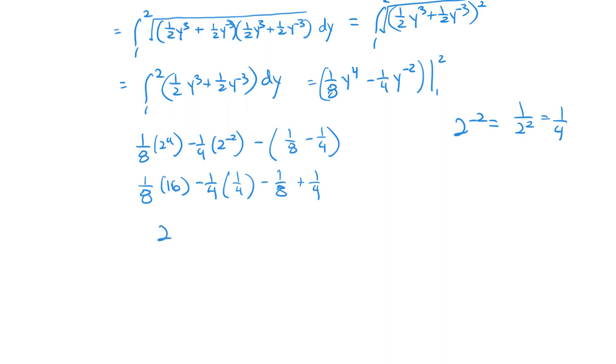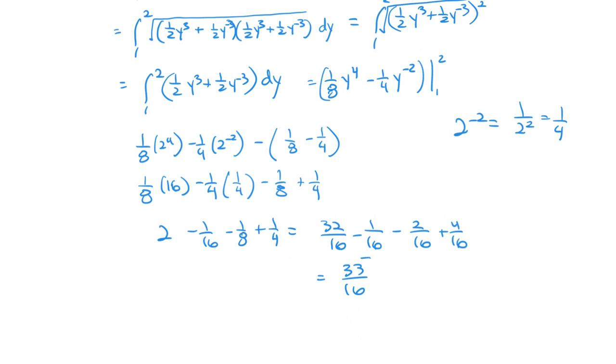But 16 over 8 is 2, minus 1/16, minus 1/8, plus 1/4. So I'm just going to get these all to have common denominators of 16. So 32 over 16 minus 1 over 16 minus 2 over 16 plus 4 over 16. And that would give us, let's see, 32 plus 4 is 36, minus those three would be 33 over 16 for our answer.